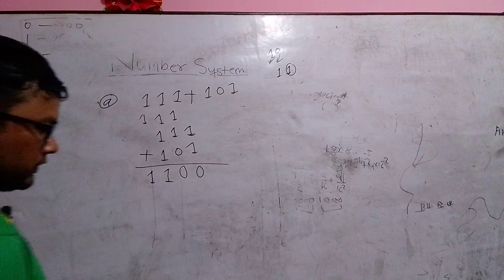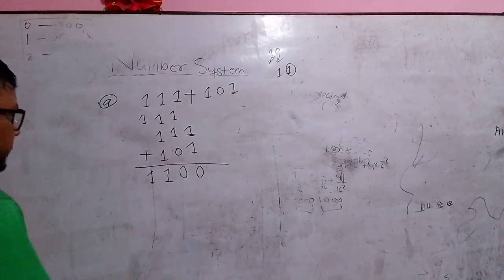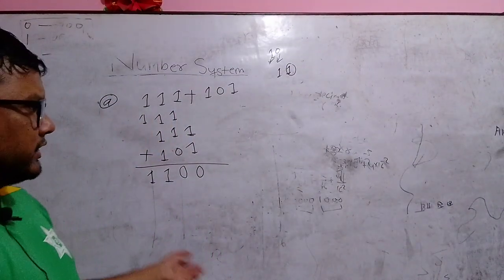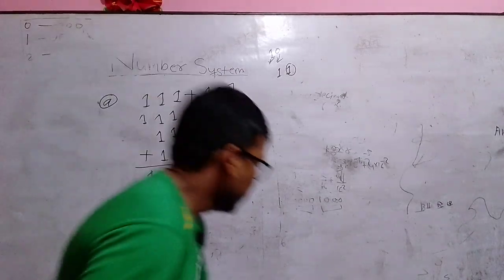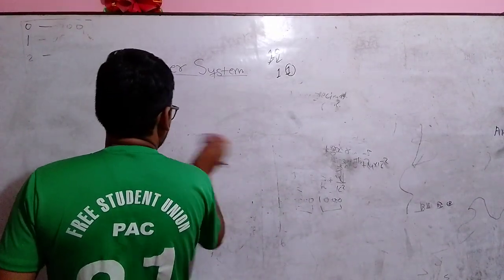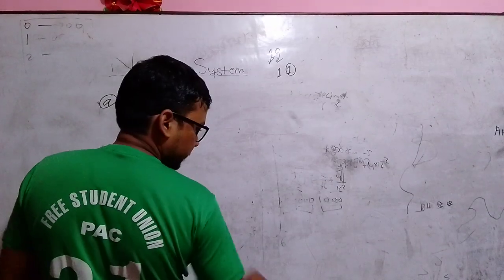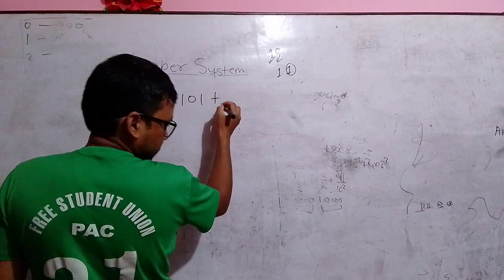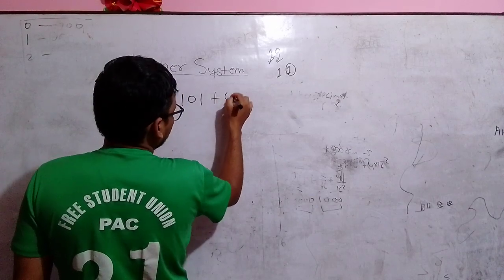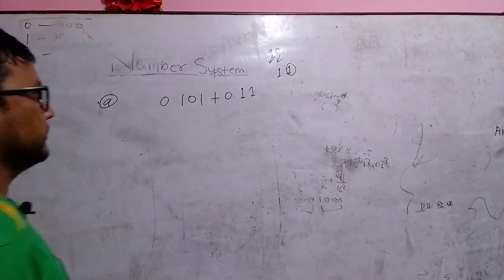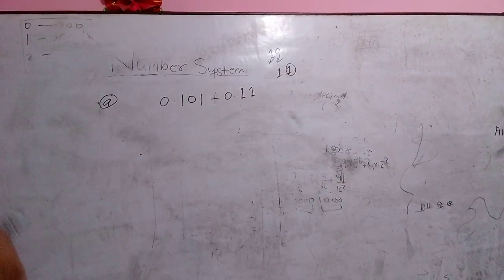Now, another example. This is an integer number which does not contain a fractional part. What if it contains a fractional part? How to perform the addition of fractional numbers? How to perform this addition?